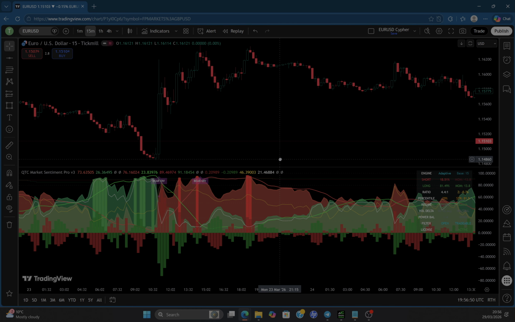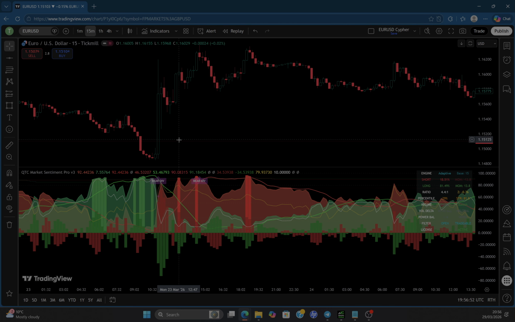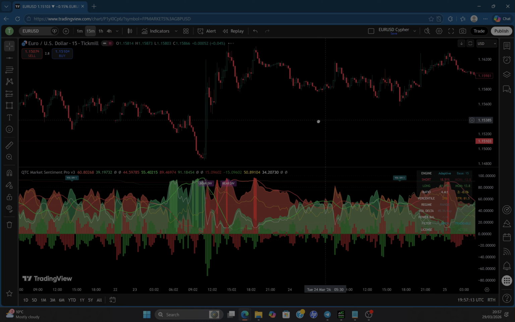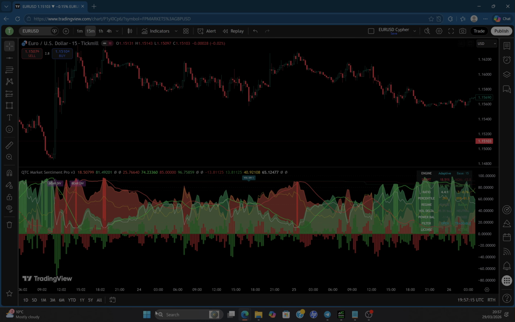Okay, it's better. And then when the retail traders are increasing in their short sentiment, and the z-score is hitting the extreme level, which is 80 in here, we've got another divergence signal here, and this one I believe went into a bit of profit.